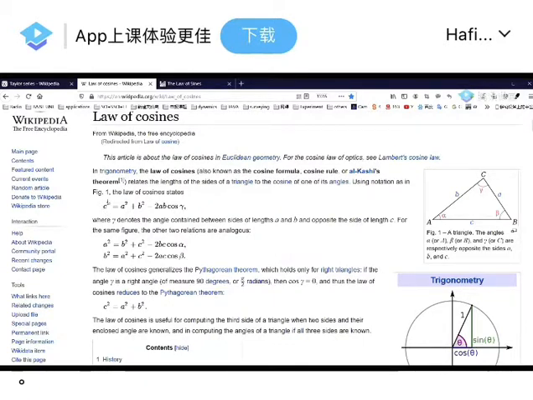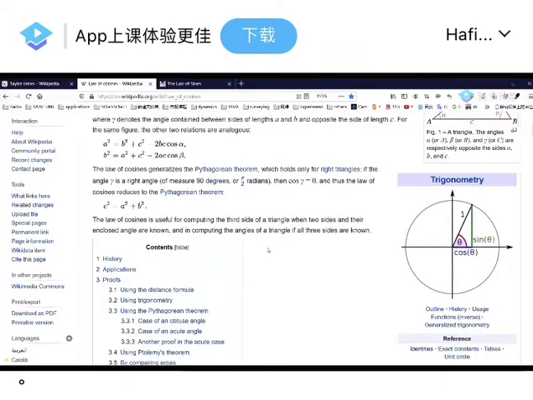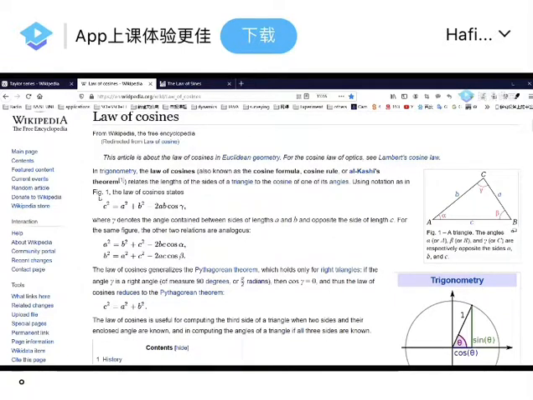Normally it's the hypotenuse. The square of the hypotenuse equals the square of the adjacent side and the square of the opposite side. So when you collapse, it will become this one. But normally it doesn't collapse; it will just be kept like this.